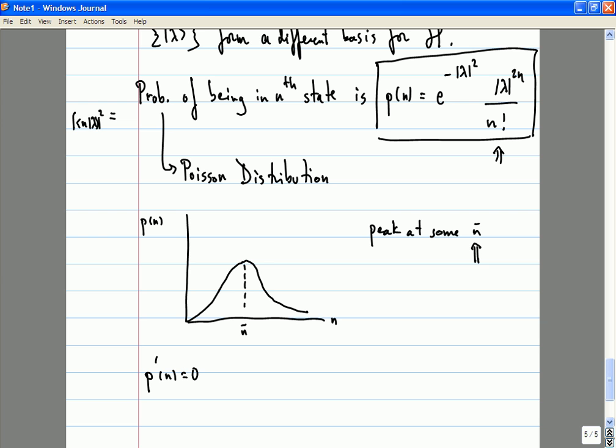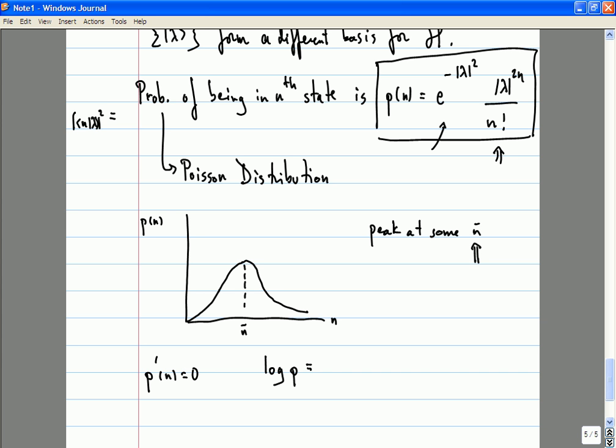Let me write down an approximate expression for p. Because I'm computing its derivative, I can ignore this overall constant out front, e to the minus lambda squared, since that's not going to affect the derivative with respect to n. And I'll write down log p.